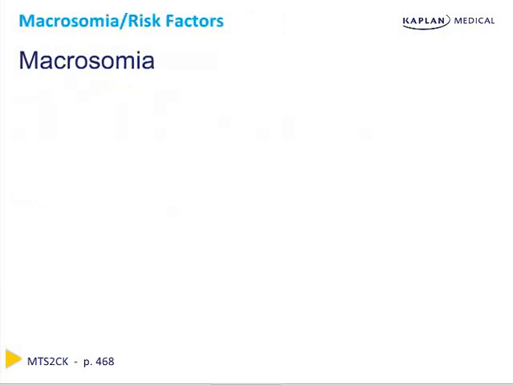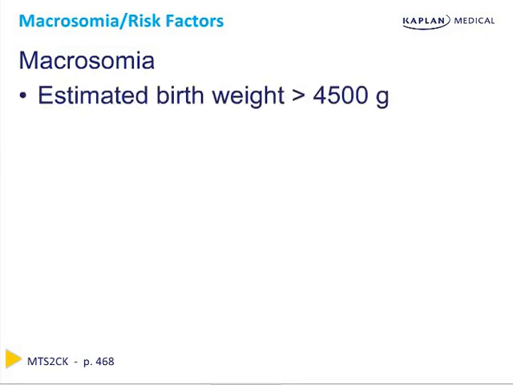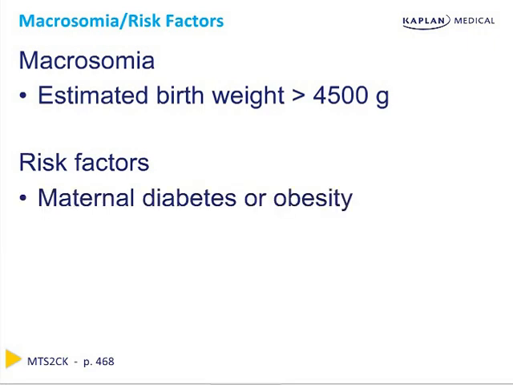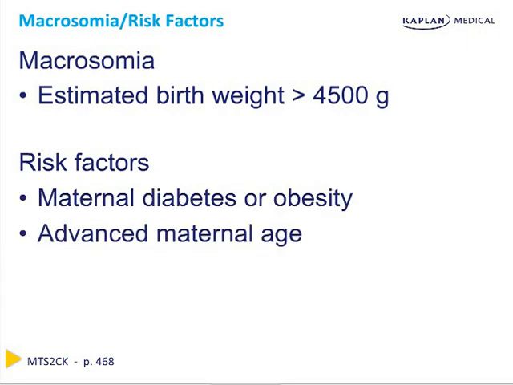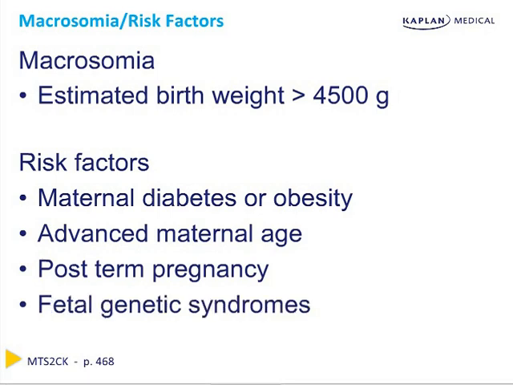I'll turn now to macrosomia, which is the estimated birth weight over 4,500 grams. Another term is large for gestational age, which is a birth weight greater than the 90th percentile. Risk factors include maternal diabetes and obesity, which we've discussed previously, advanced maternal age, post-term pregnancy or pregnancy beyond 42 weeks gestation, and fetal genetic disorders.